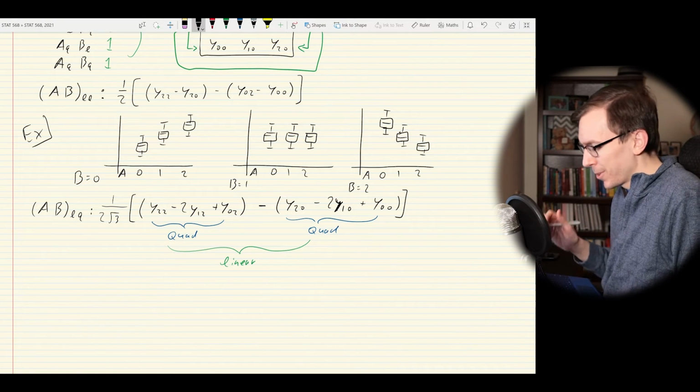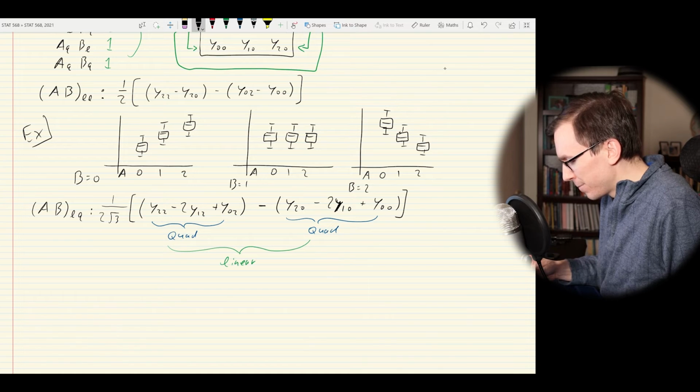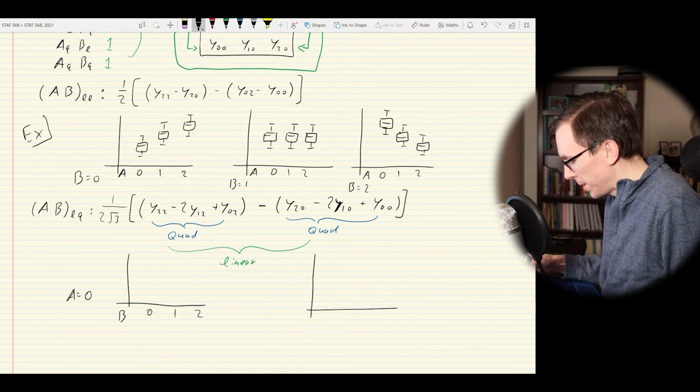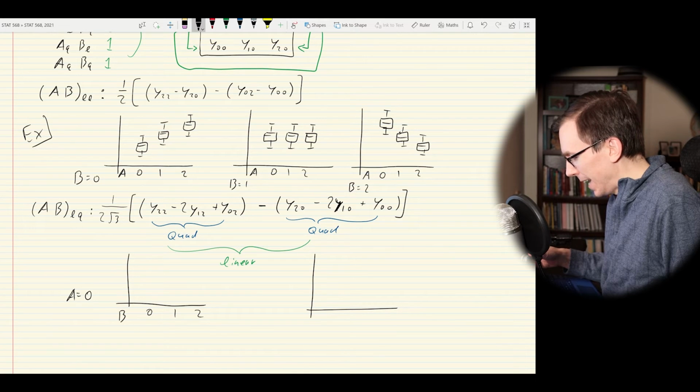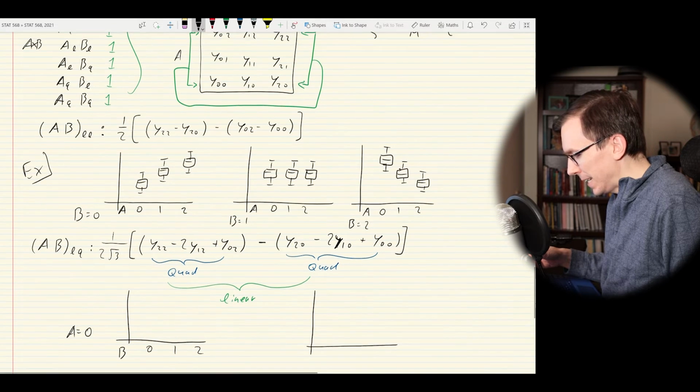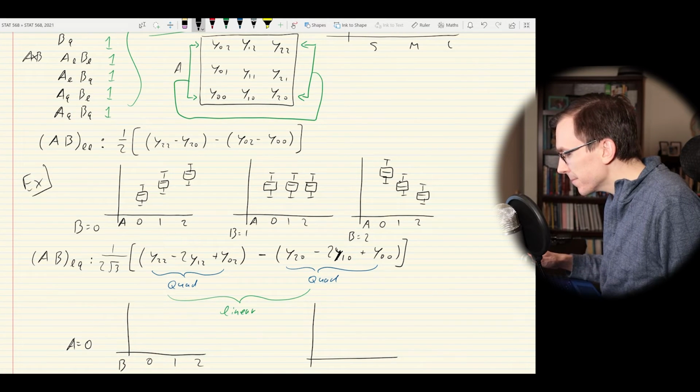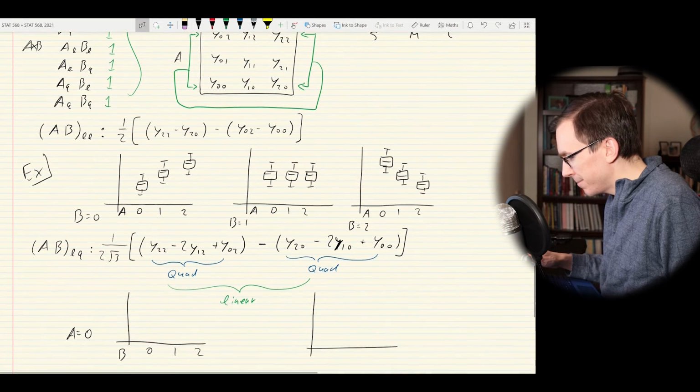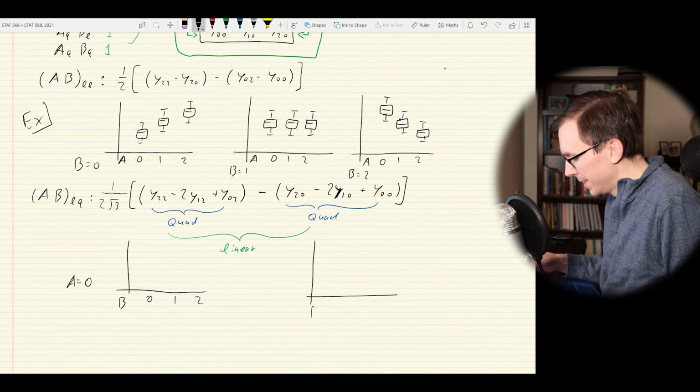And you can sort of reverse this. So let's try A equals 0 and B 0, 1, 2. And then over here, I'm going to skip the middle one because we don't care about A. My indices are all kind of messed up, but it doesn't really matter. 0, 1, 2, and this will be A equal to 2.